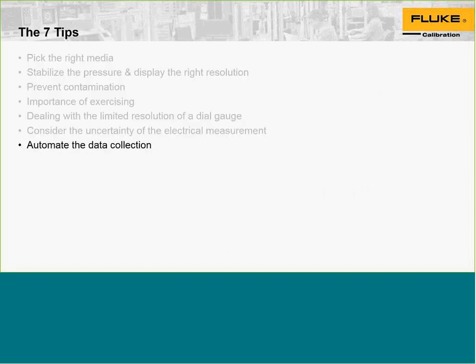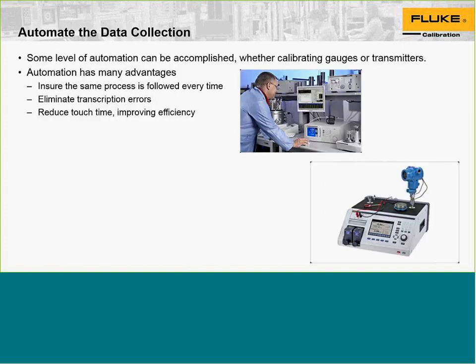Let's talk about data collection and the automation of data collection. It can be accomplished whether calibrating gauges or transmitters. Obviously, with something like a dial gauge, it becomes a bit more difficult as you need to physically read the dial gauge.